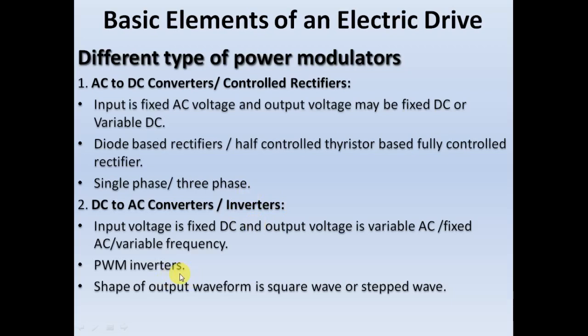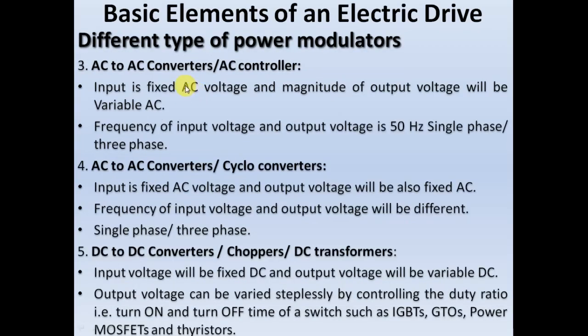Generally used inverters are PWM inverters. In order to obtain a sinusoidal output waveform at the inverter, we will be using SPWM inverters, that is sinusoidal PWM inverters. There are two types of AC to AC converters. One is the AC controller and the other is the cycloconverter. The distinguishing feature between them is that in the AC controller, the input AC will be fixed in nature and the output AC will have a variable magnitude, keeping the frequency constant.